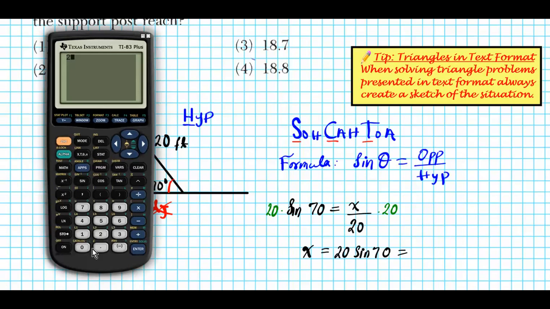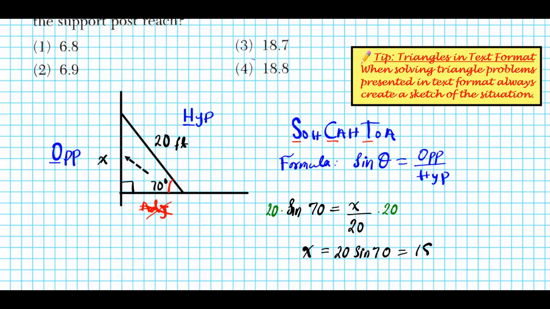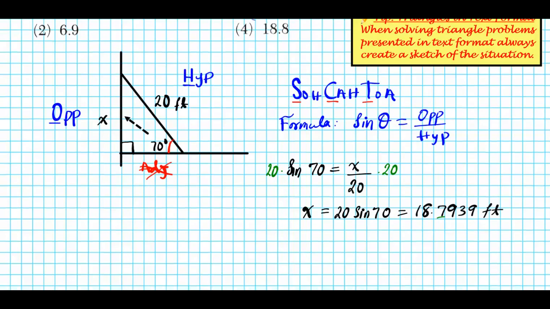So we have 20 sine 70, which is 18.7939 feet. We're rounding to one decimal place, to the tenths place, which is the first decimal place behind the decimal point.